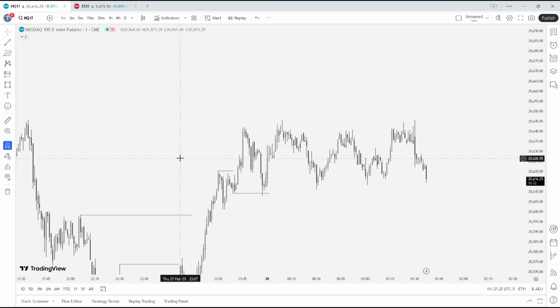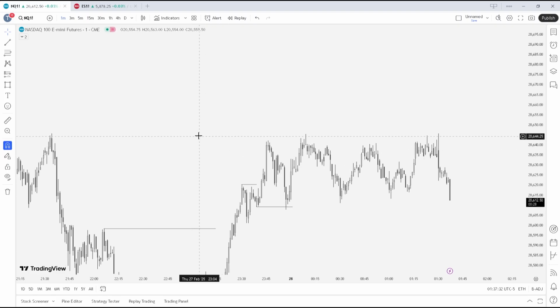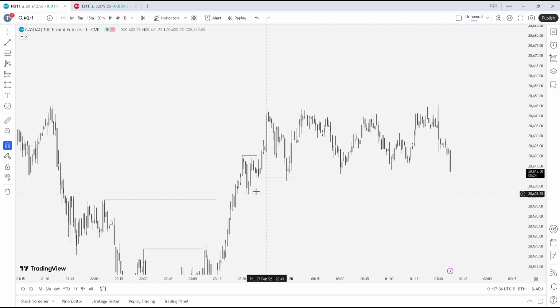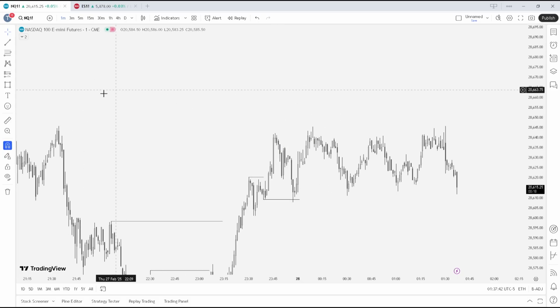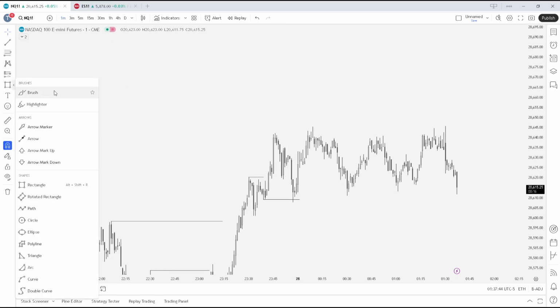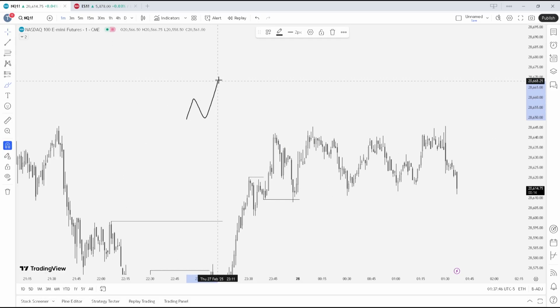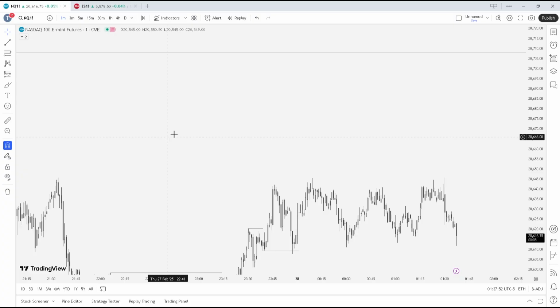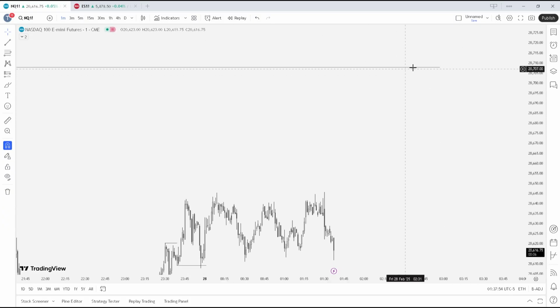So every time you sweep an internal high, you get a tiny move downwards, a retracement. But once you sweep a low, you get a move higher that is larger than the move lower. So you start making these higher highs, higher lows, higher highs, higher lows. You start slowly moving your way towards this external range high right here.